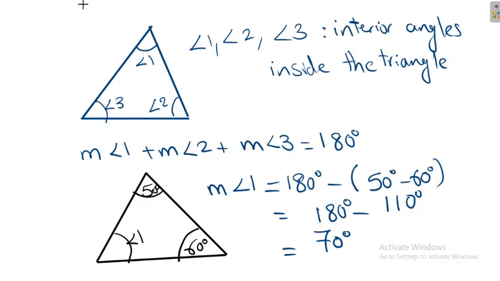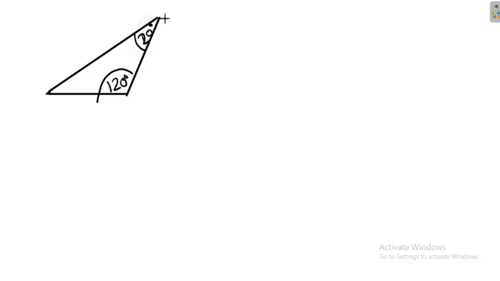Okay, let's move to another question. If you have a triangle which is obtuse, you know that's an obtuse angle triangle, okay? This angle is 120, this angle is 20, and this is angle x.